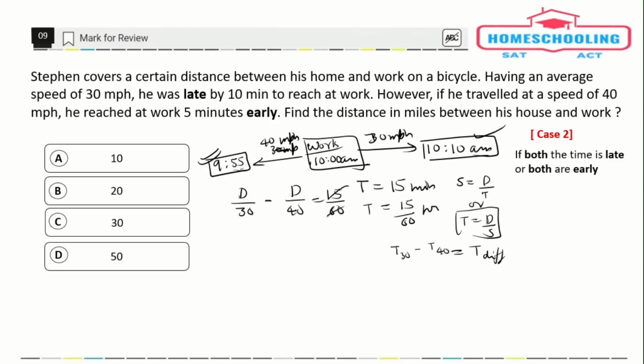Now we are going to simplify this equation. This side is 1 by 4, and on the other side 120 will be your LCM.